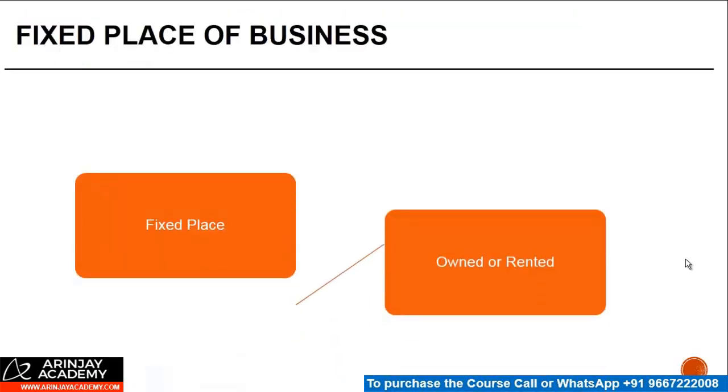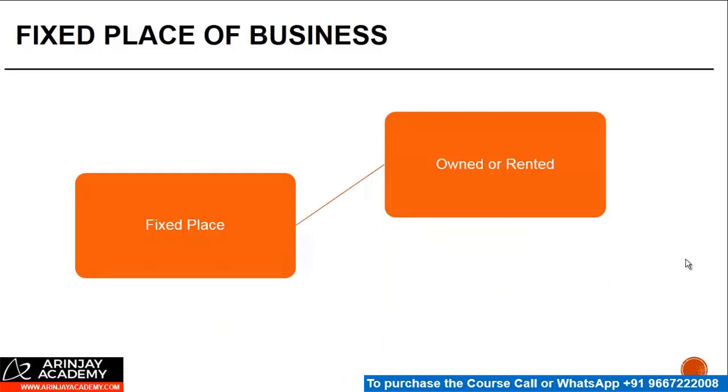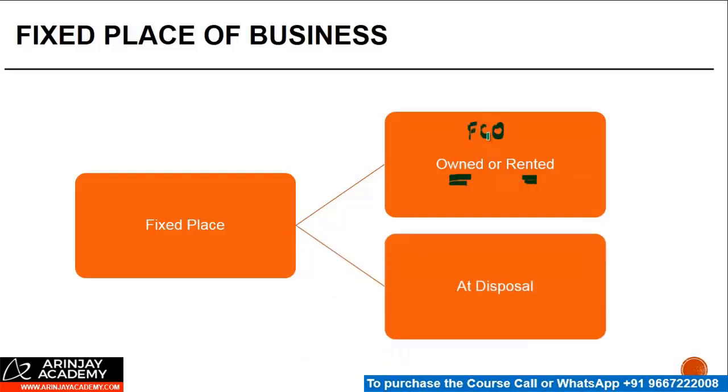Now, when you talk about a fixed place of business, this could be either owned or rented by the foreign company itself, or it could be at the disposal of the foreign company. When we say at disposal, what it means is that the foreign company for which we are looking at whether they have a PE or not has a right to enter this fixed place of business at their will.